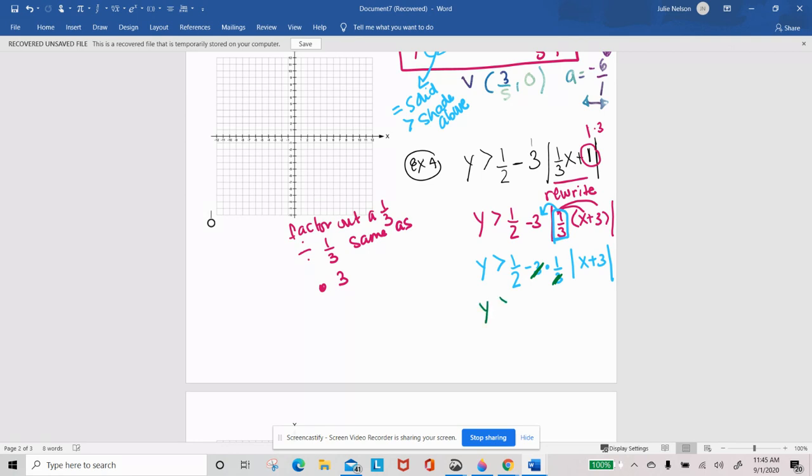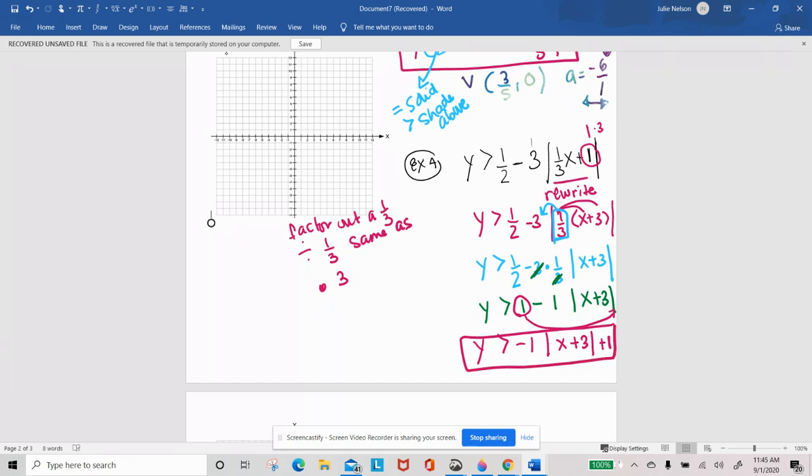So I'm left with y is greater than 1 minus 1 times the absolute value of x plus 3. And you can leave it like that, but for many of you, you're probably going to want to take this 1 and move it to the back. So it's y is greater than negative 1 times the absolute value of x plus 3 plus 1. Okay, that plus 1 does not change the value.